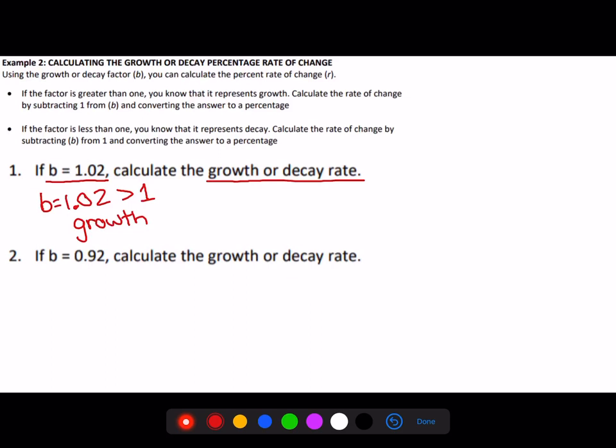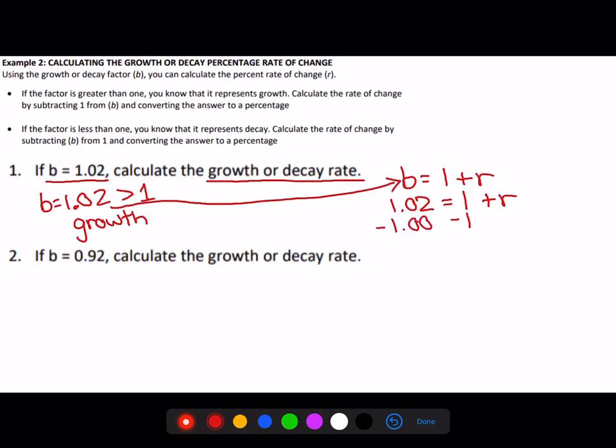If it's growth, then we can use the formula B is equal to 1 plus R, so 1.02 is equal to 1 plus R. From here, I just solve for R by subtracting 1 from both sides, and we're left with 0.02 is equal to R. Now, don't forget, this is a percentage, so I need to switch this 0.02 to a percent. I move my decimal place 2 places to the right, giving us 2% is equal to R. That's our answer.